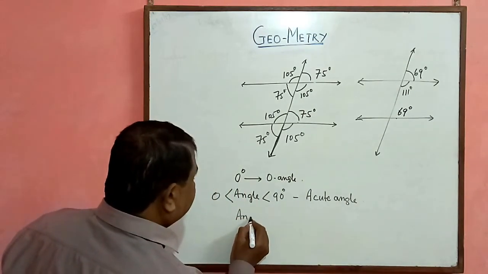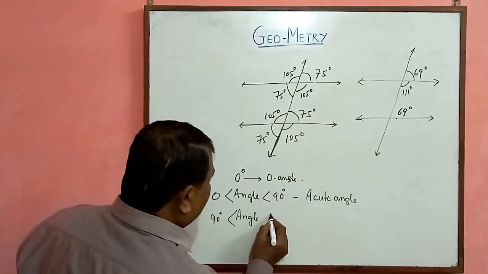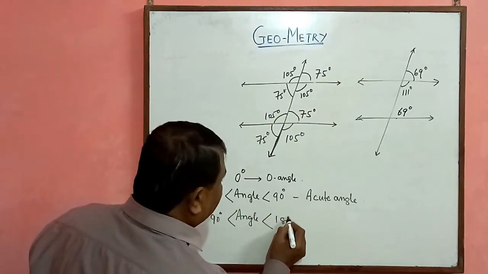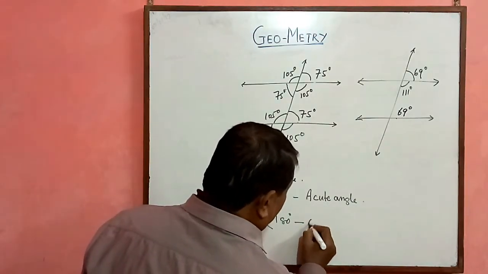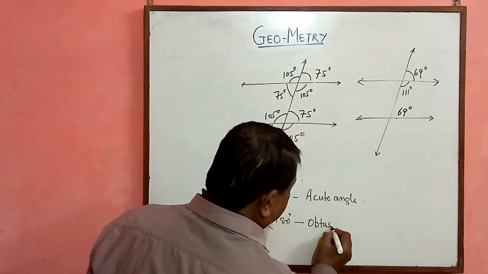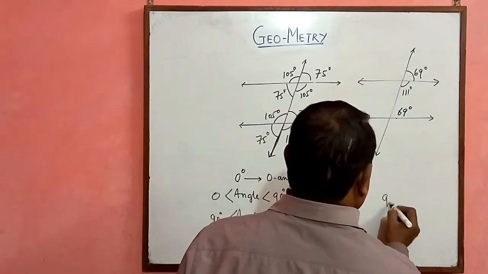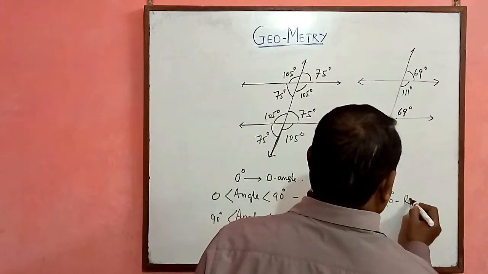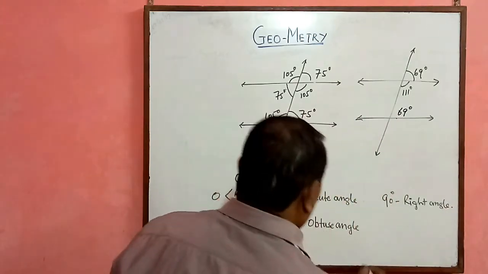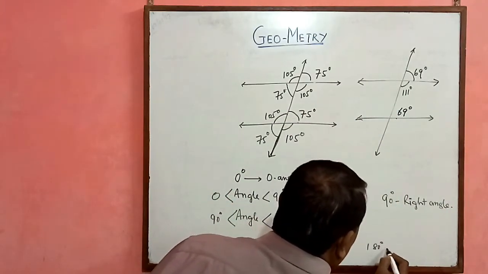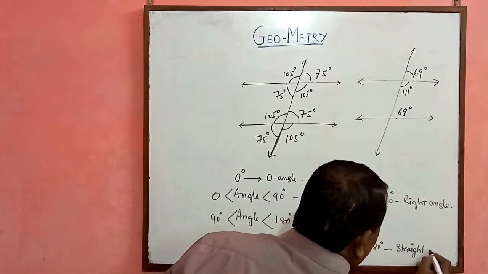An angle greater than 90 degree, less than 180 degree, is your obtuse angle. Here 90 degree, this is a right angle. 180 degree, straight angle.